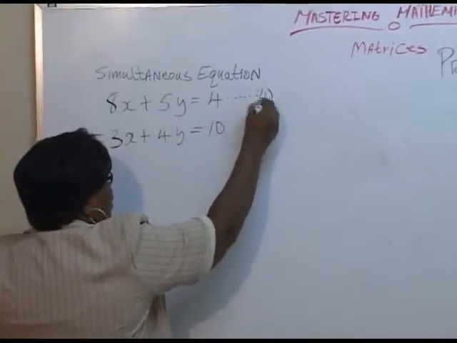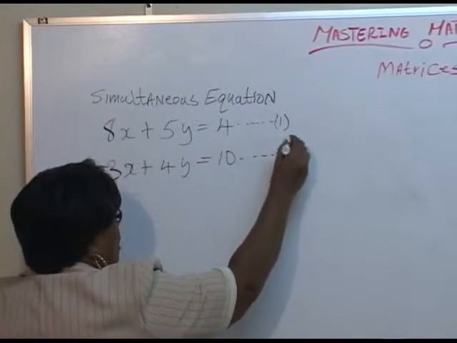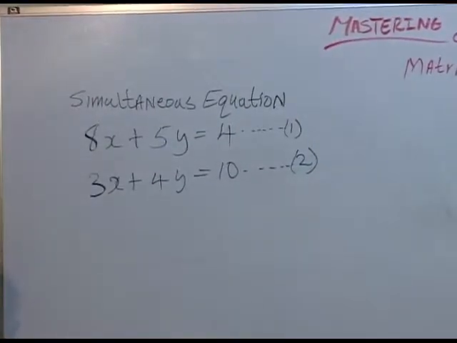Now, I don't believe you will be surprised to know that in terms of a matrix, it's going to say, hello, you have to make me look like a matrix. I wear different costumes. So, given 8x plus 5y is equal to 4, and 3x plus 4y is equal to 10, it says to the matrices, you have to get me in the form of a matrix.